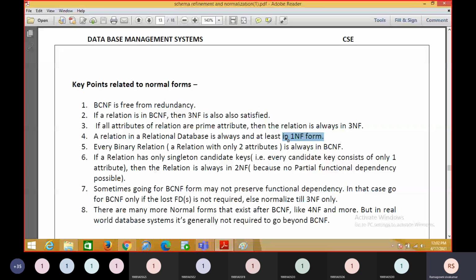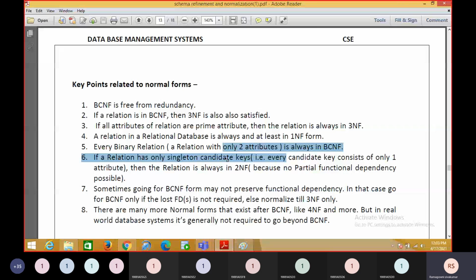Sometimes going for BCNF may not preserve the functional dependency. In that case, we can go only up to third normal form if the loss of functional dependency is not acceptable.